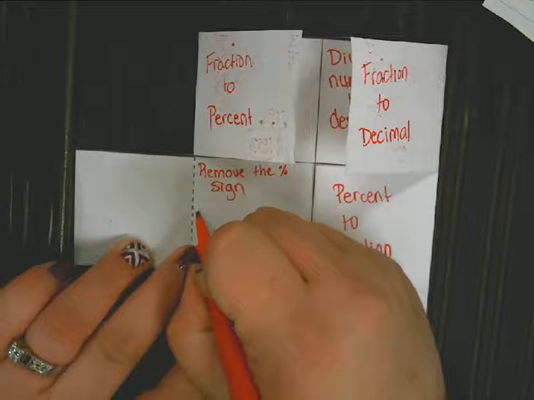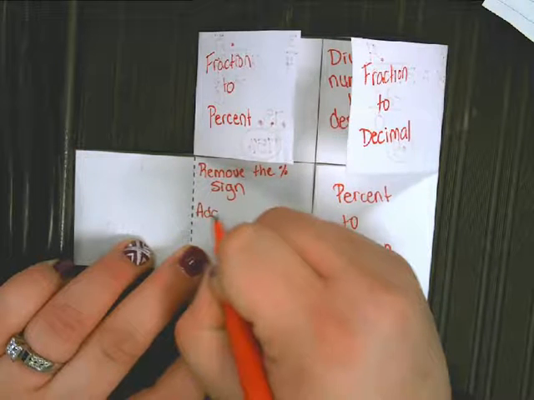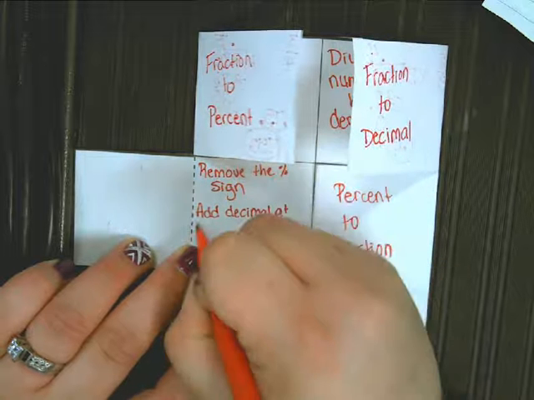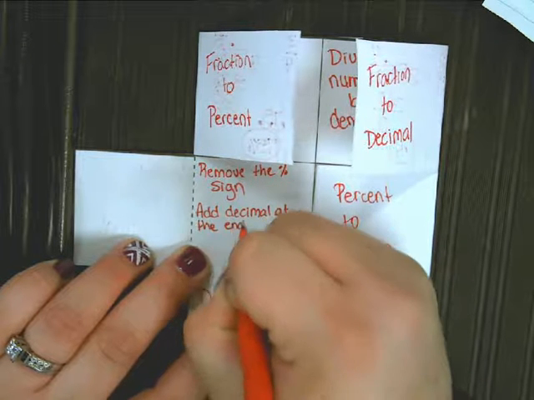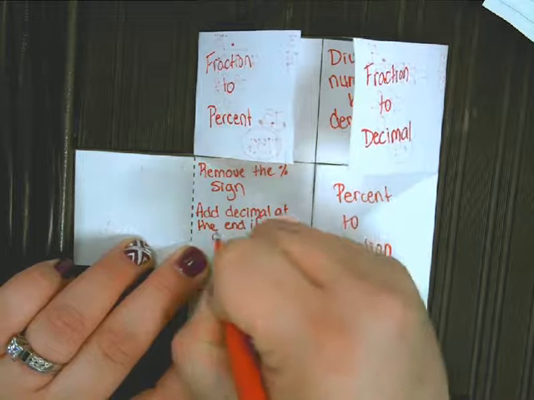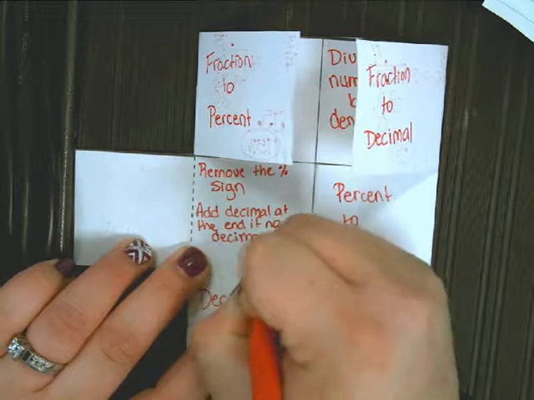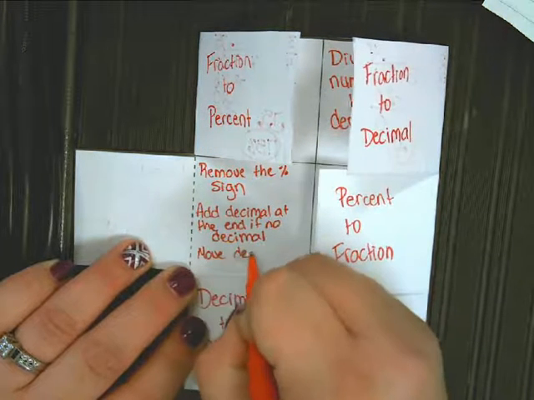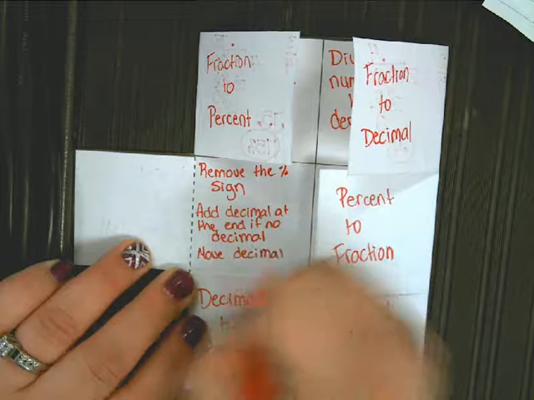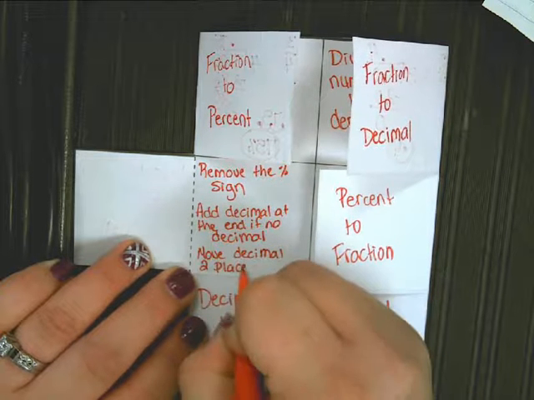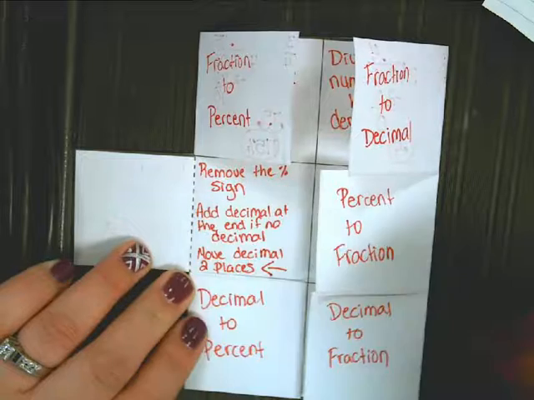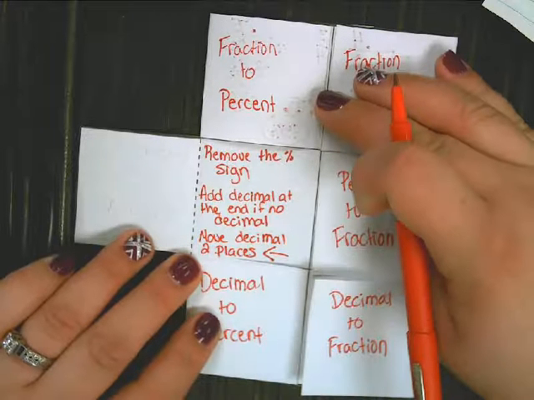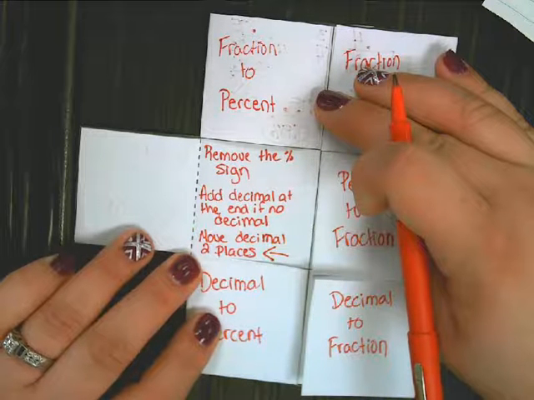You're going to have to add decimal at the end if no decimal. And then you're going to move the decimal 2 places to the left this time. Okay, so remove the percent sign, add the decimal at the end if no decimal, move decimal 2 places to the left.